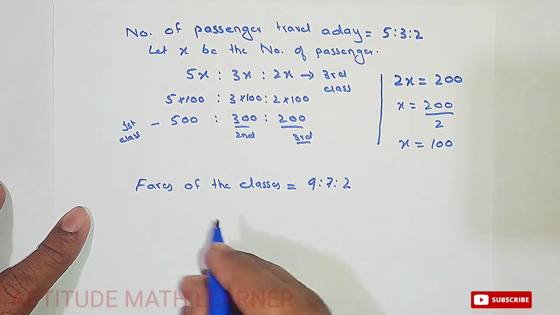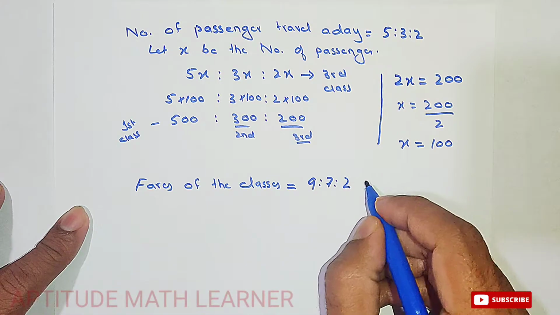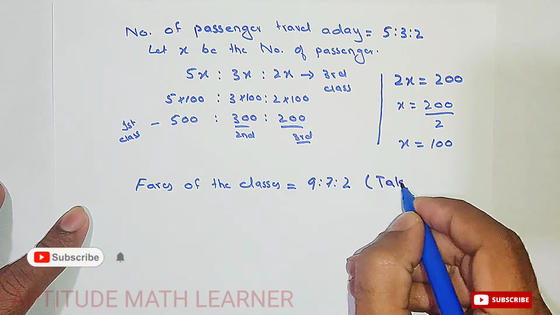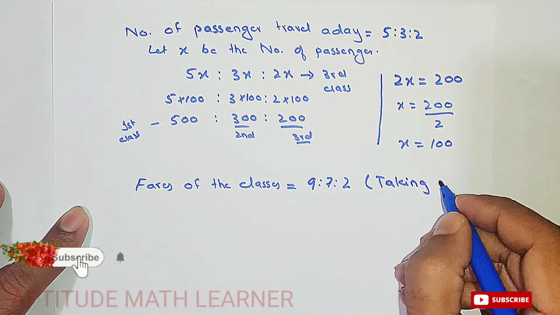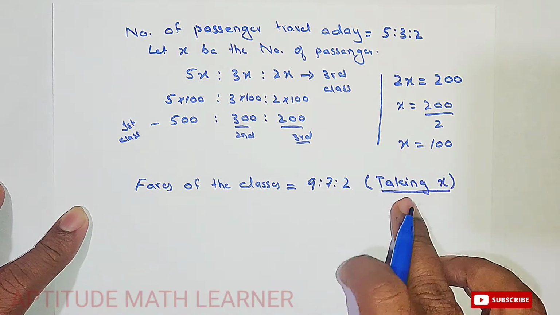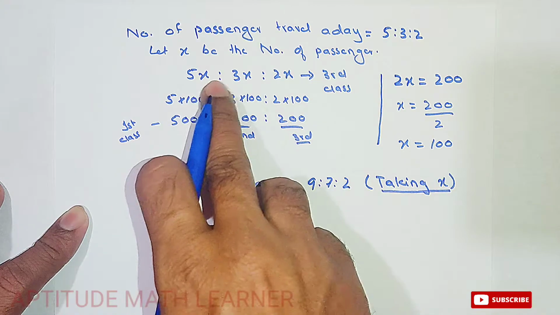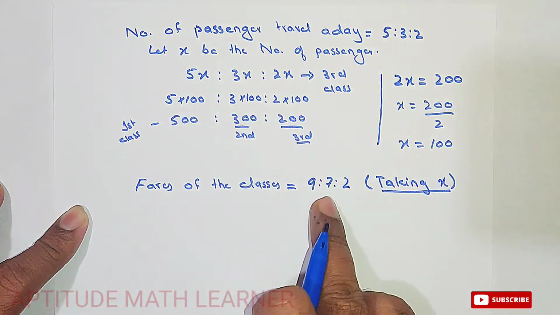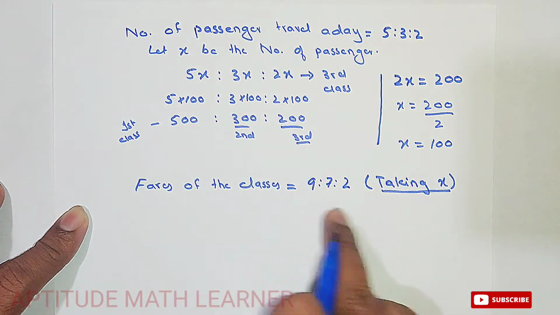Here we also take x, just to find out the fares. As we did the same method to find the number of passengers, we will also find the fares taking x.